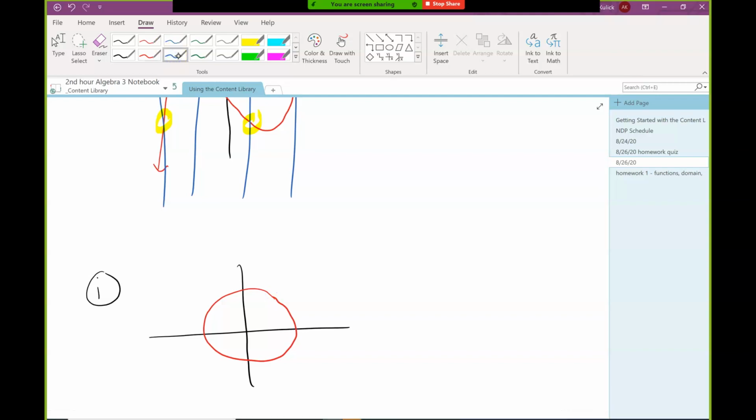Let's do another. How about this graph that kind of looks like a circle? Is this a function? No, why not? Yeah, almost any vertical line you draw is going to intersect the graph more than once, right?